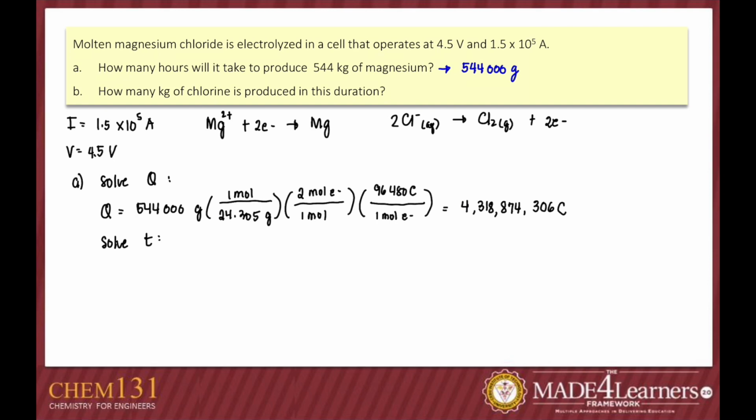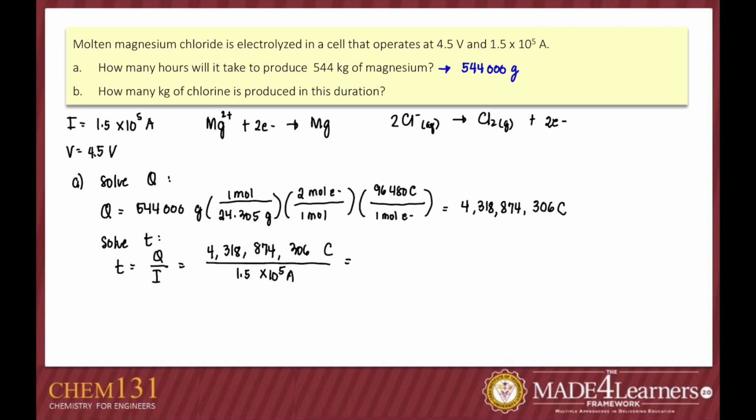And we have Q already, so we can now solve for T. T is equal to Q over I, right? Because Q is equal to I times T. So Q, 4,318,874,306 coulombs divided by the current, which is 1.5 times 10 to the power of 5 amperes.